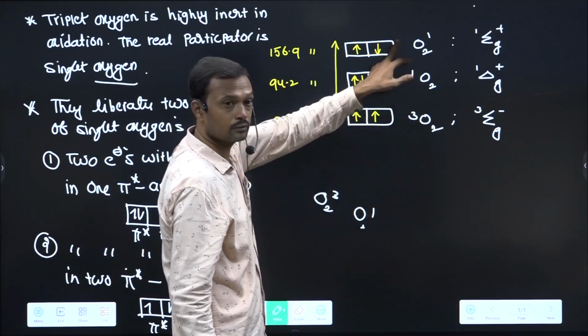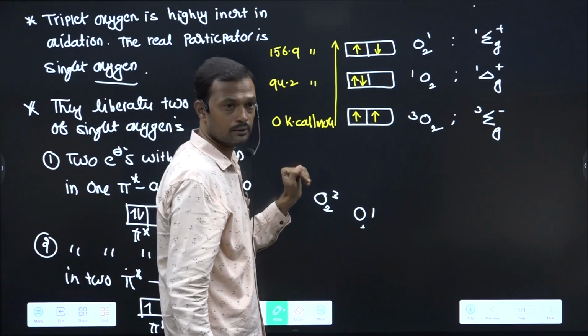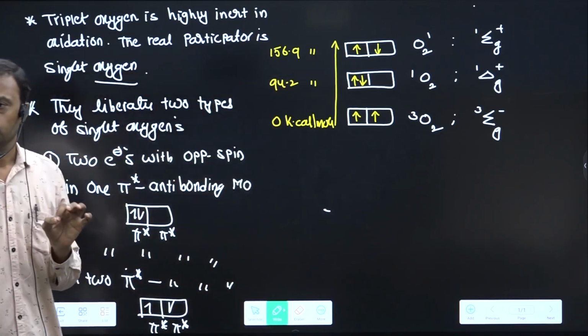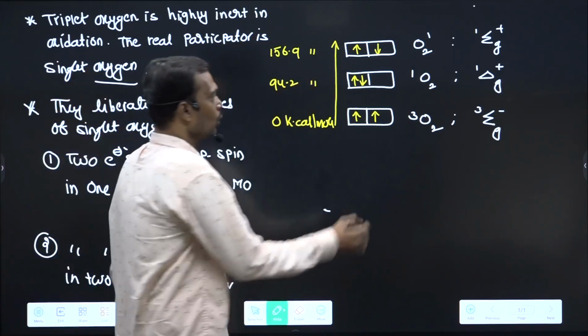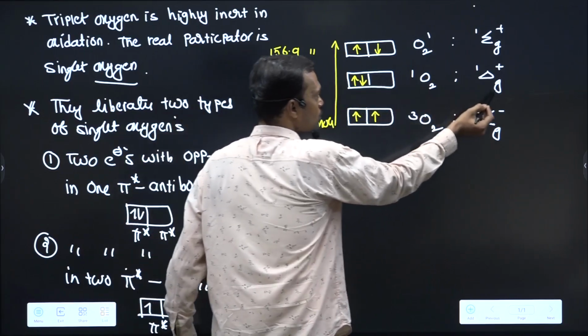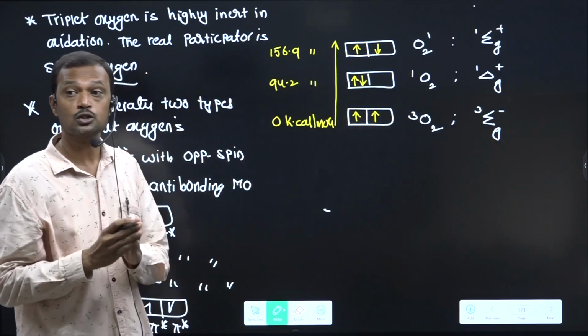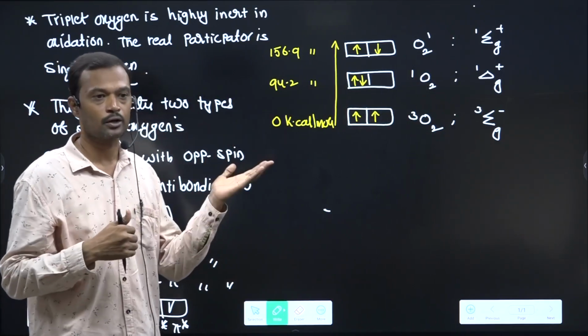First one or second one? First one. Clear? So always remember, from the oxidation point of view, every time the low energy singlet is suitable. Low energy singlet is suitable for oxidation. High energy singlet is not suitable for oxidation because it is not easy to generate. Almost double the energy is needed to generate that singlet oxygen.